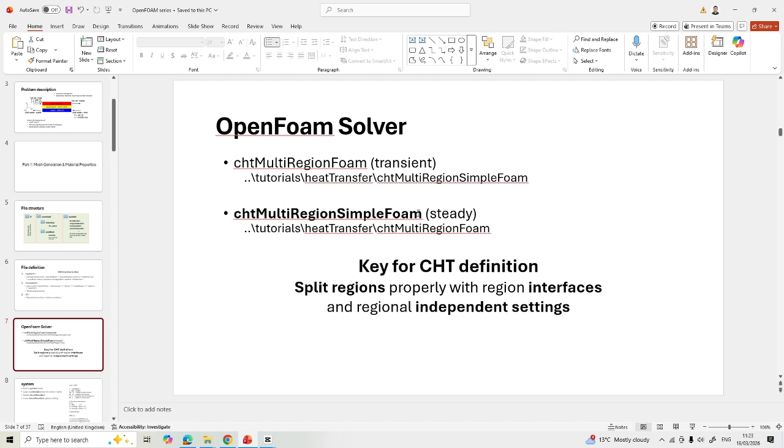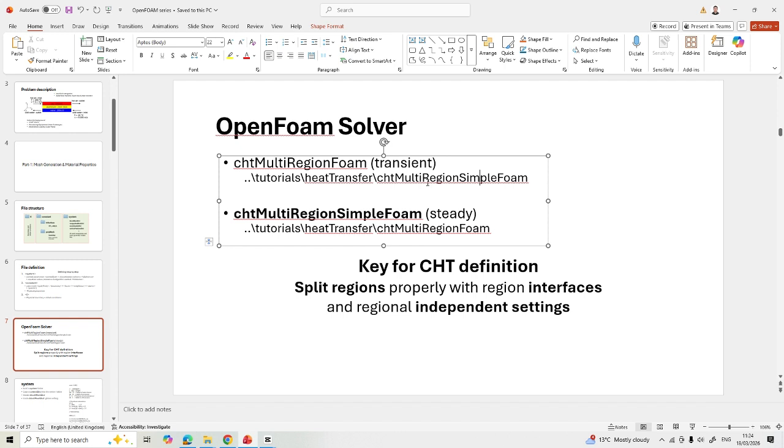So we will use this, and I also list the tutorials folder for you. If you want to find some examples more relevant to your questions or your applications, you can find some good examples in the folders. Of course, the example I present today, I think, is the best because it really covers all the topics of the two main solvers. There's actually no difference in the definition.